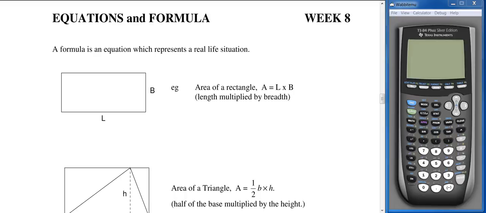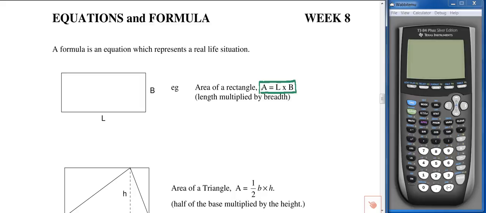The remainder of this lesson concentrates on formula. Remember, a formula is just an equation which generally has fewer actual known values, but it does have quite a few pronumerals, and often the pronumerals do mean something.